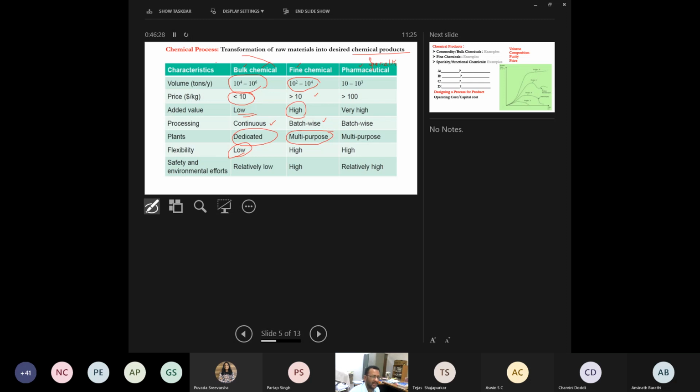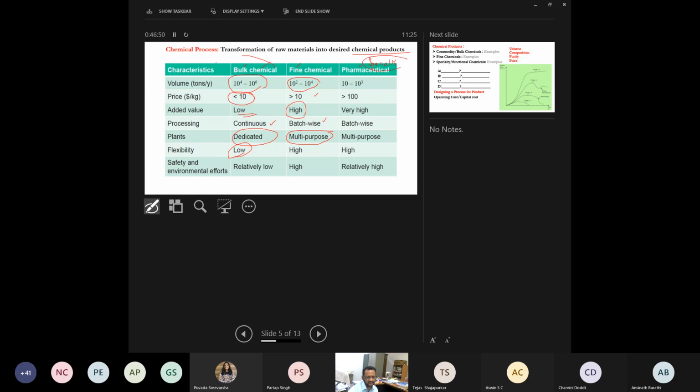So the utility of equipment is more in batch plants. The flexibility is high as it is multi-purpose, and safety and environmental efforts are normally high in these fine chemicals. The purity is also high.